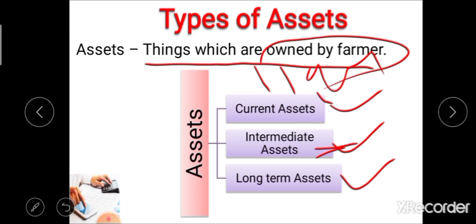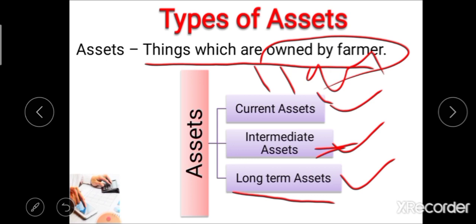After that, the last type of asset is long-term asset. Long-term assets are also known as fixed assets. They require a larger time period to convert into cash form. For example, land and farm buildings are included in long-term assets.